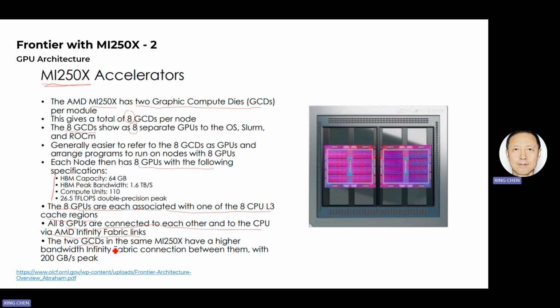The 2 GCDs in the same MI250X have a higher bandwidth Infinity Fabric connection between them with 200 gigabytes per second. So we are going to have a look at these. What does it mean that the 8 GPUs are each associated with one of the 8 CPU L3 cache regions? We are going to have a look at this one.